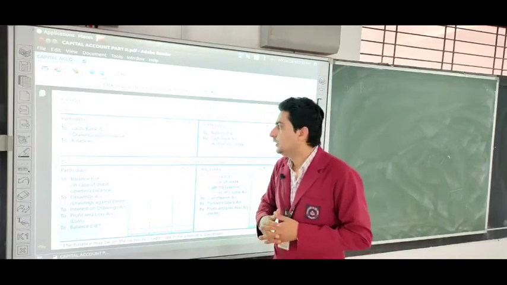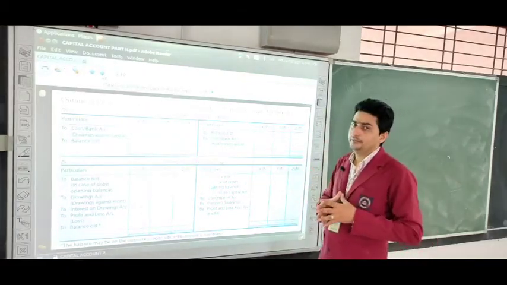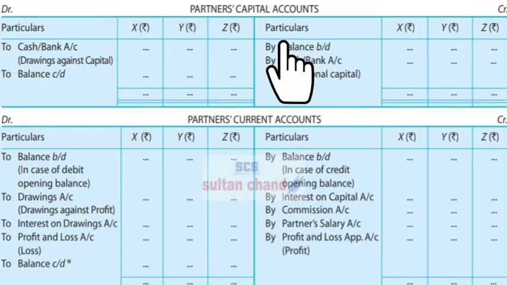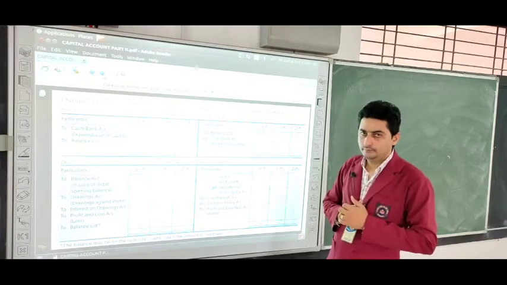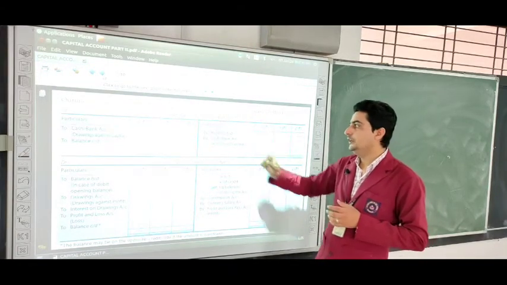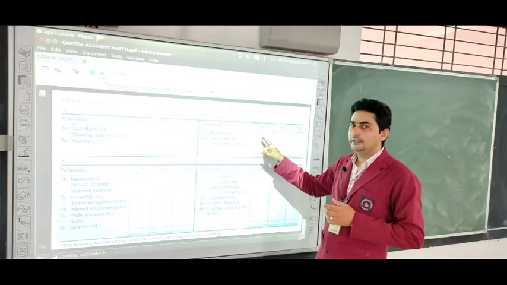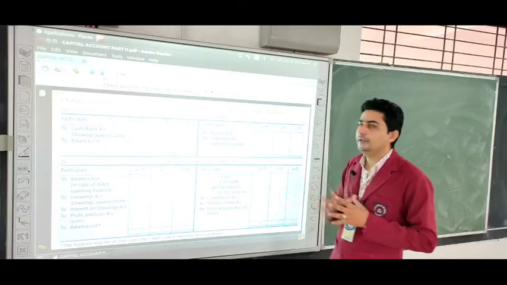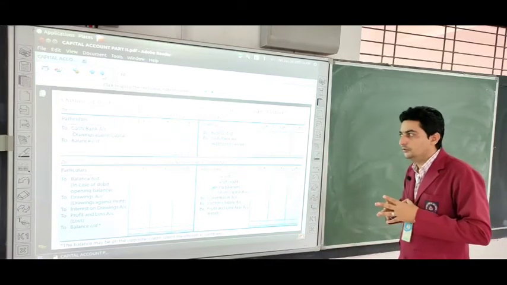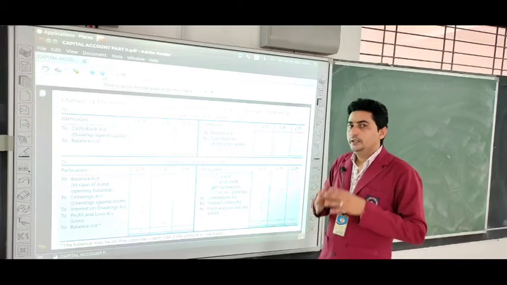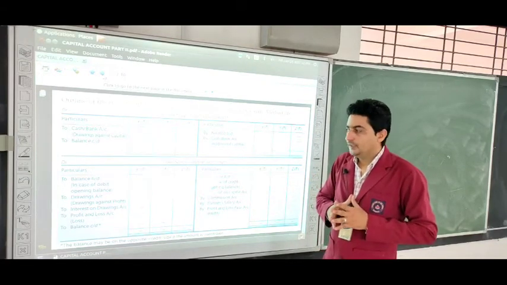Okay students, now see what we will write. First we will write by balance BD. What is by balance BD? It is opening capital. Opening capital of the partner will be by balance BD. It will come under X's column, Y's under Y's column, and Z's under Z's column. So by balance BD will be the starting, the opening capital.